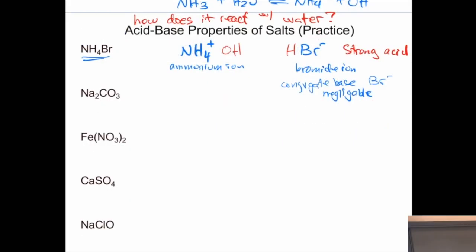This is the conjugate of a weak base, meaning that it is a weak acid. So in solution, we have a negligible base and a weak acid. So what's the pH range going to be when we put ammonium bromide in aqueous solution? Is it going to be acidic, basic, or neutral? It's going to be acidic.